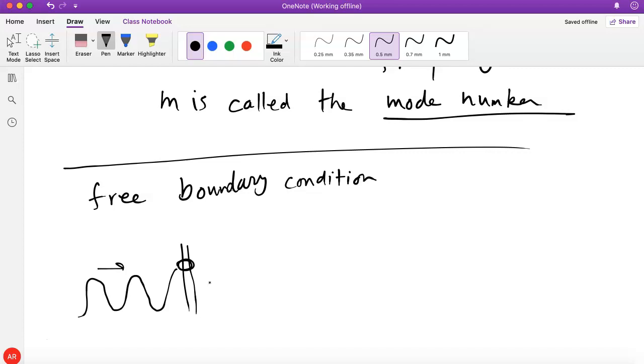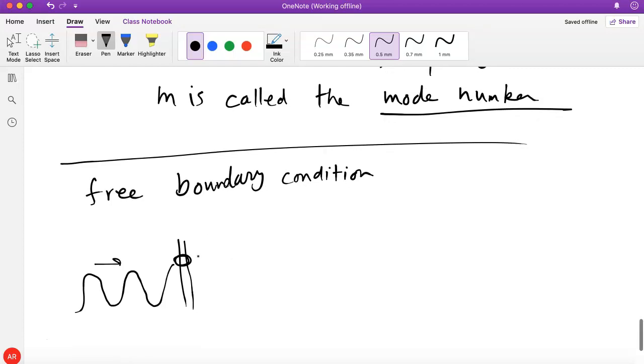Yeah, so let's say how we can argue this. Imagine the ring has really tiny mass, massless, frictionless. Very idealized case. Where the string is attached to it, it cannot have a vertical component because there's no friction, there's no mass.